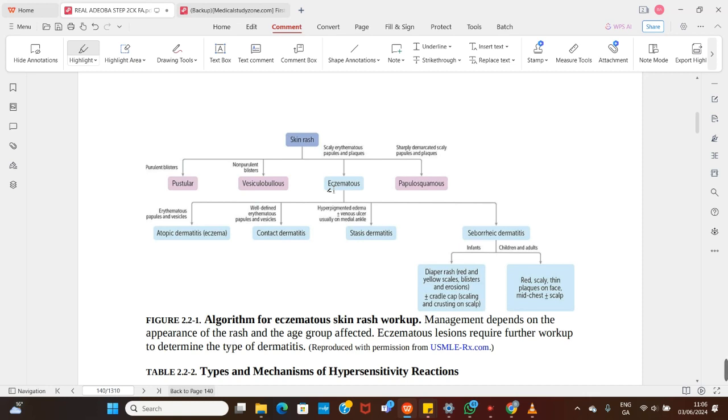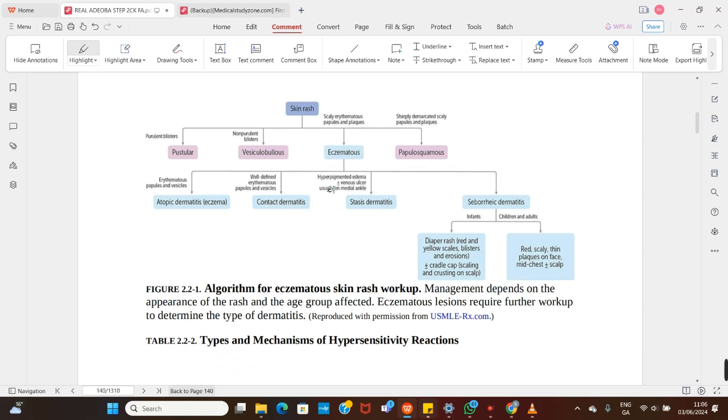That's what you find. We are not going to be getting much from what I'm saying now because we are just looking at an algorithm. By the time we start taking all those lesions individually, it will make much more sense to us. So I'm just going to rush through this part. So the eczematous lesions: scaly, erythematous papules and plaques that are dry and pruritic.